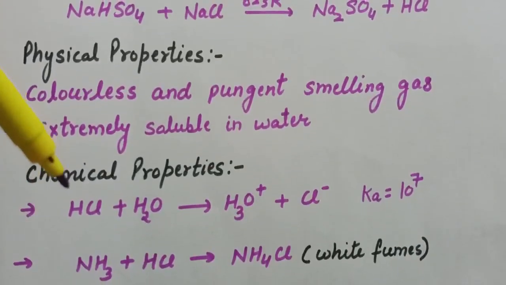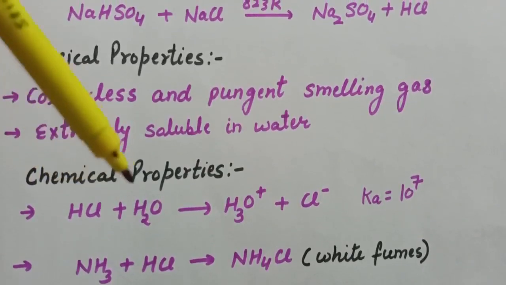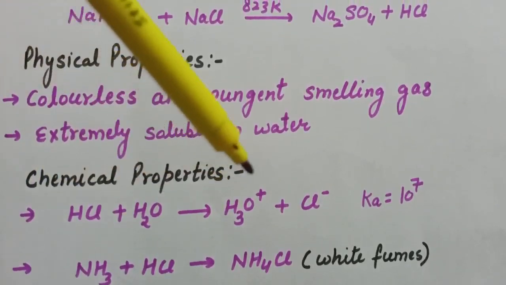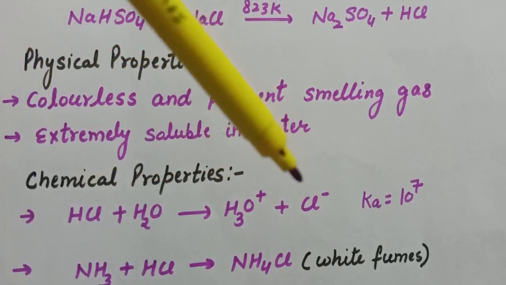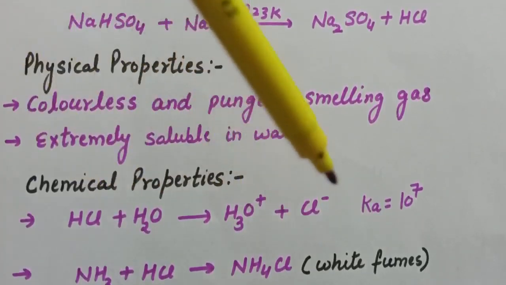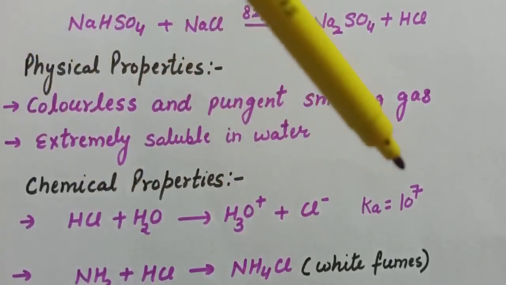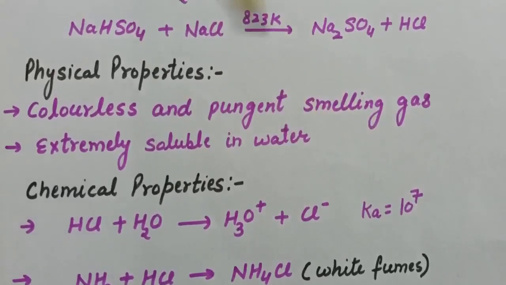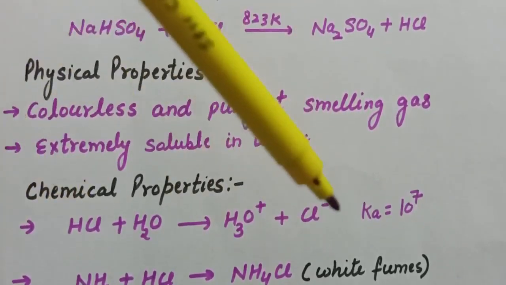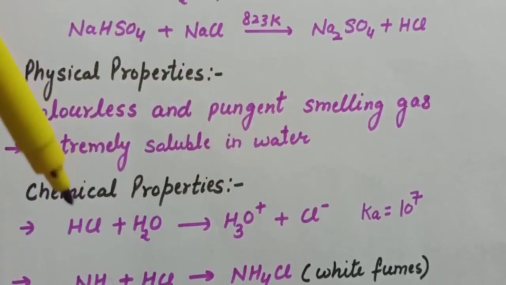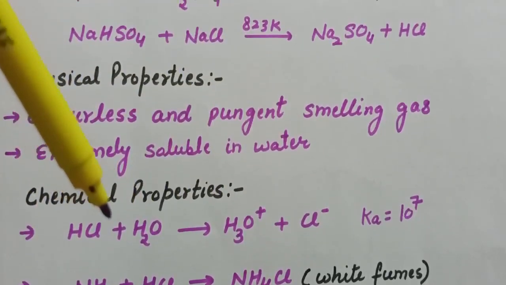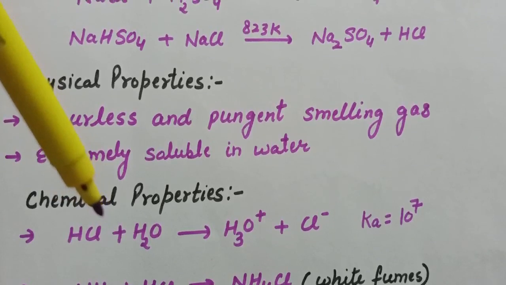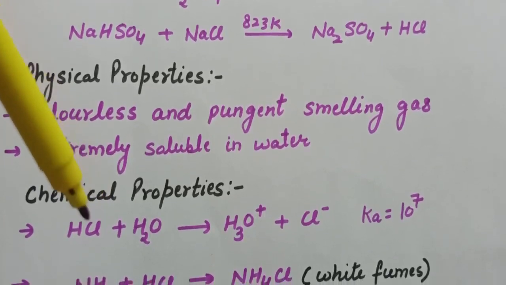First, when we dissolve hydrogen chloride in water, it forms H3O+ and Cl-. The value of the dissociation constant is 10 to the power 7, which is a very high value, which signifies that HCl is a strong acid, and its aqueous solution is known as hydrochloric acid.